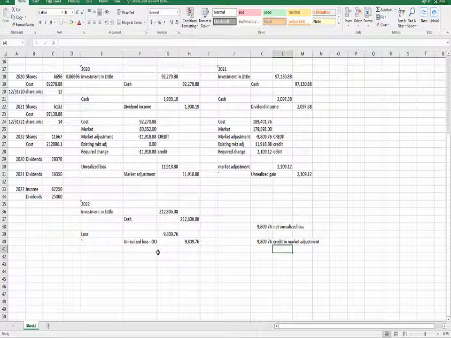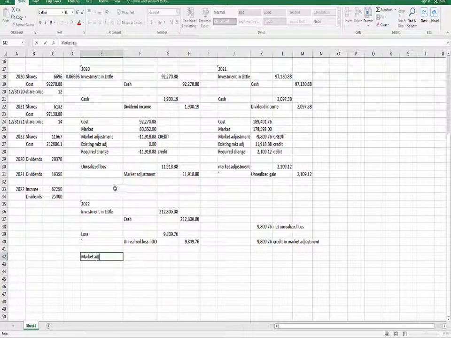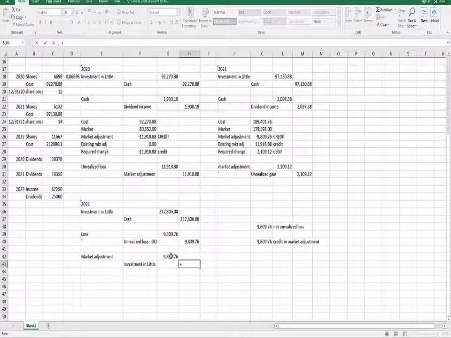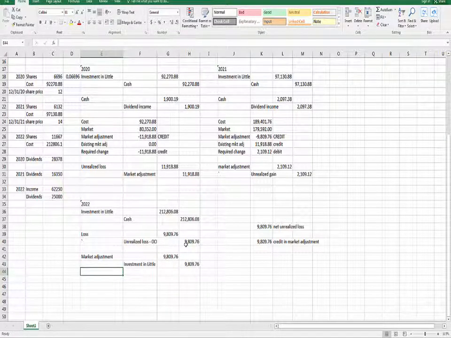We're basically going to transfer that to the cost of the asset. We're going to transfer that to the investment. So we're going to debit the market adjustment to get rid of that. Same numbers up there. And that's going to get added to or subtracted to our investment in little.